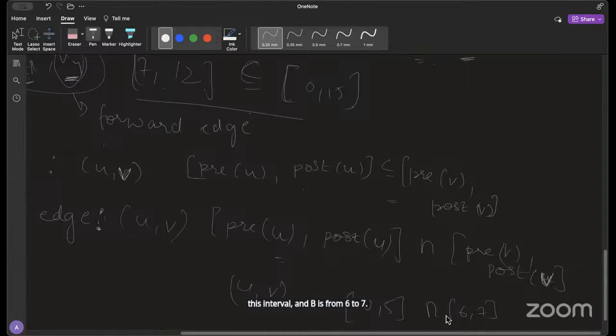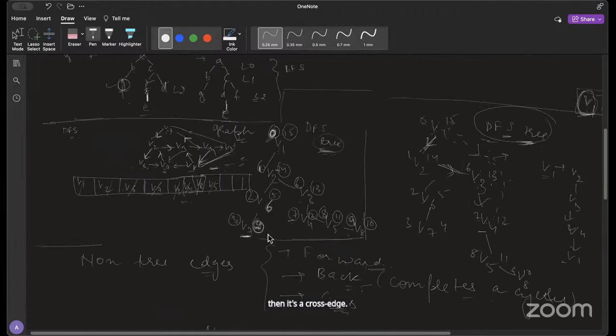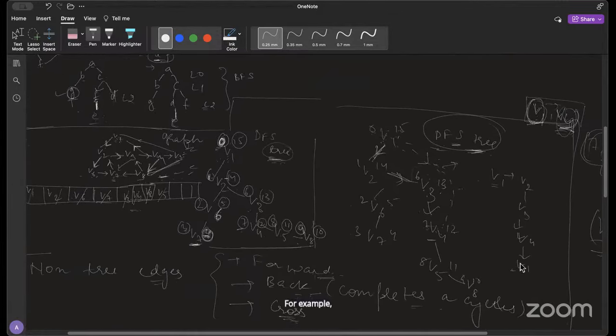Then the intersection is empty. That means if this is an edge there, then it's a cross edge. For example, in this entire tree, if you have 2 to 5 and then 7 to 12, this will be a cross edge, because if it is an edge in the original graph, then it's a cross edge.